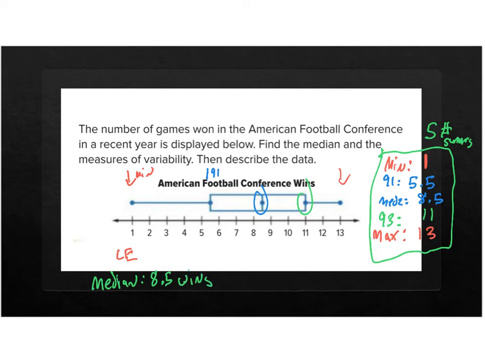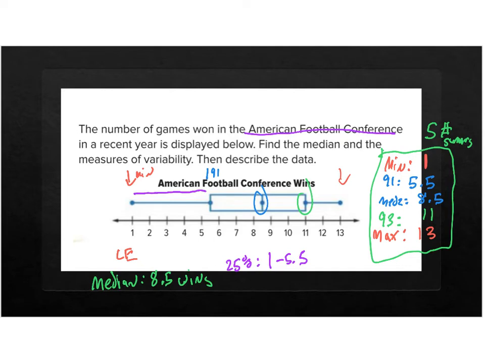And then now let's talk about the percent of each part of the graph. So let me try to find a different color. Let's do purple. So from 1 to 5.5, that's 25% of the data. So for the first 25% of the data, 1 to 5.5 wins. 25% of the teams in the AFC had 1 to 5.5 wins.